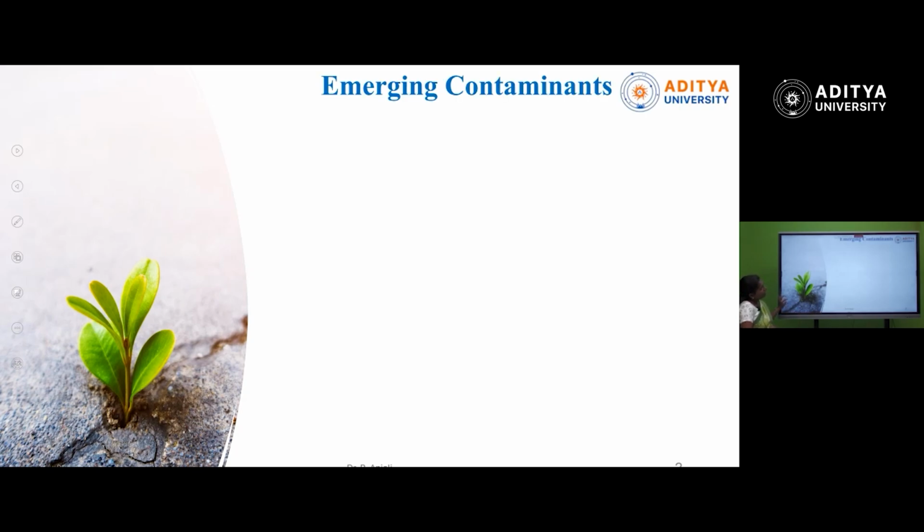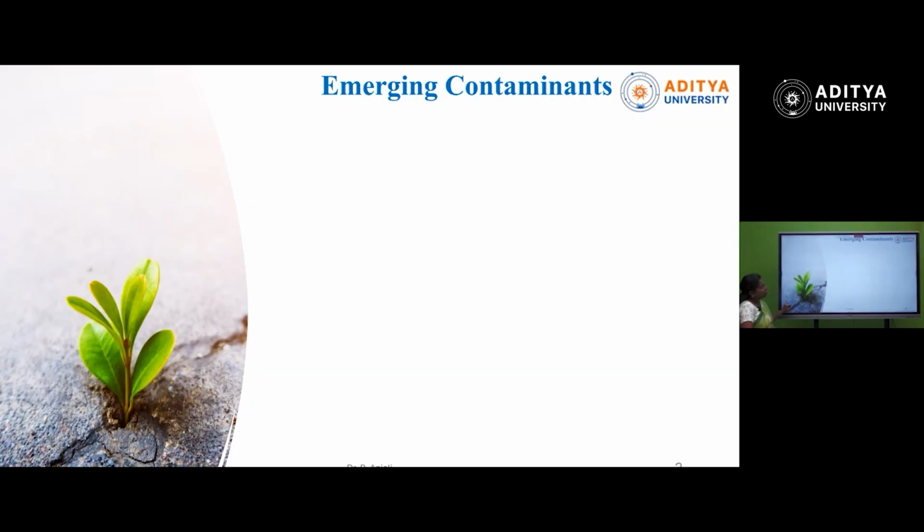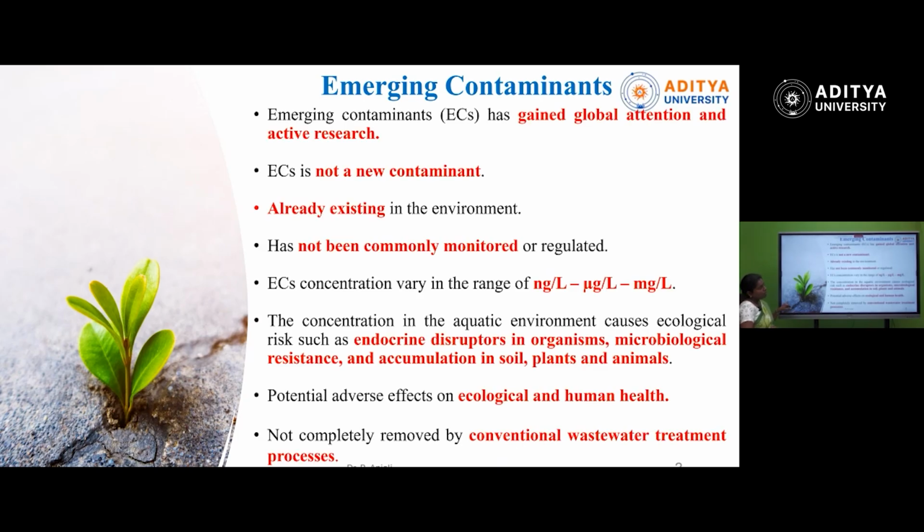So what do we mean by emerging contaminants? They are not a new thing. They are contaminants already existing in the environment which we are not monitoring regularly, and more active research is taking place in this area, globally also.